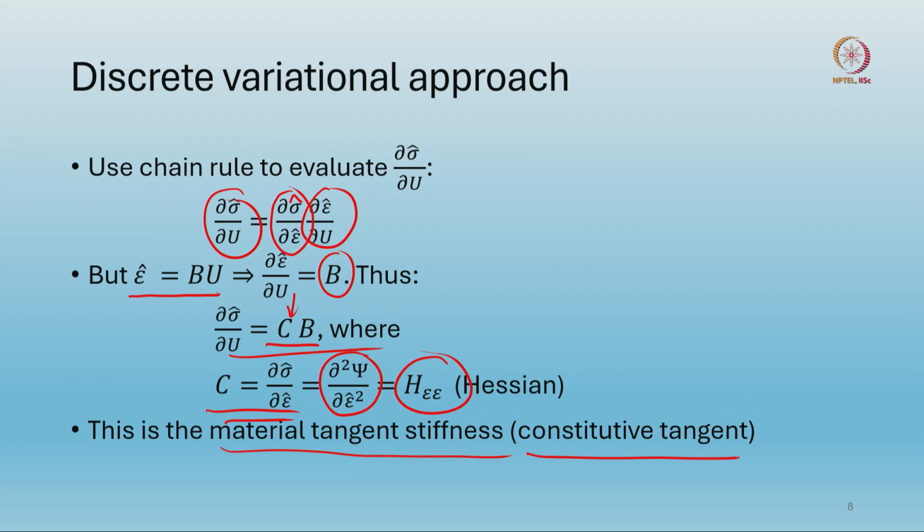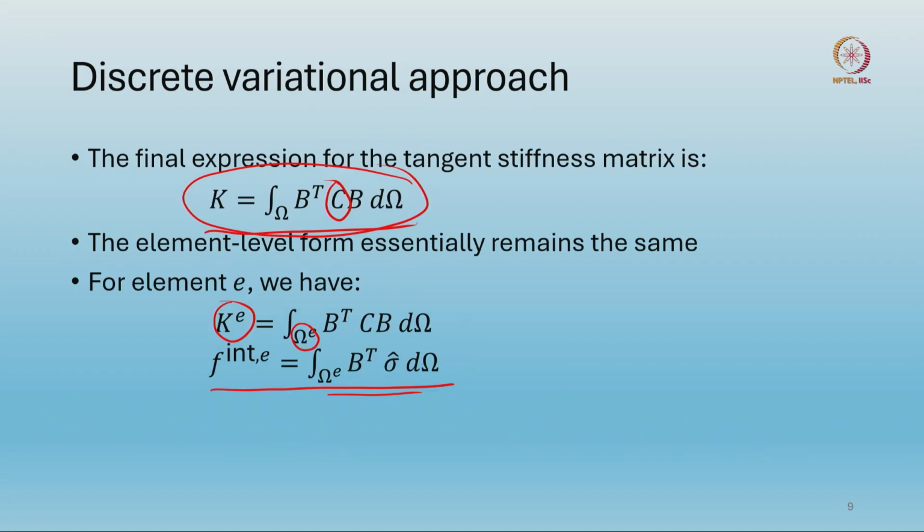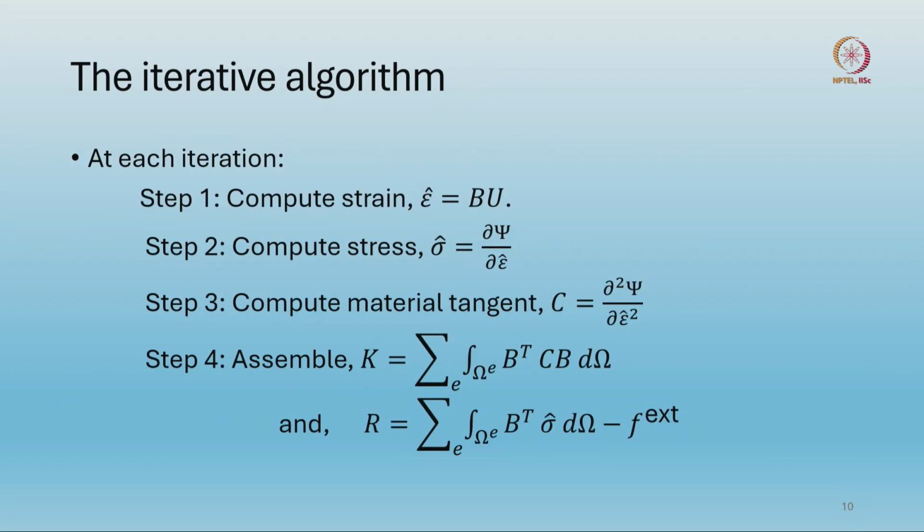That is a condition for optimization. On the other hand, δΠ gives you the requirement that external force is equal to the internal force, and it is the linearization of the internal force which brings in this tangent stiffness information K, or the equivalent material tangent information C, through the Hessian ∂²ψ/∂ε². Okay, so this is what we must understand, and this has to be solved within an iterative framework.